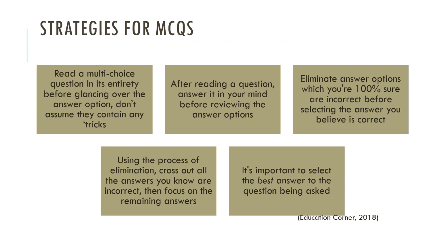If you have 4 options, you read the options, and the ones that you're 100% sure are incorrect, eliminate them. Then it leaves you with 3. Use the process of elimination, cross out all the answers you know are incorrect, right? And then you will arrive at the best answer to your question. Okay, so we use the process of elimination.